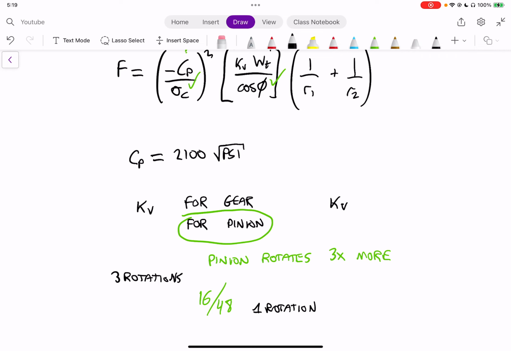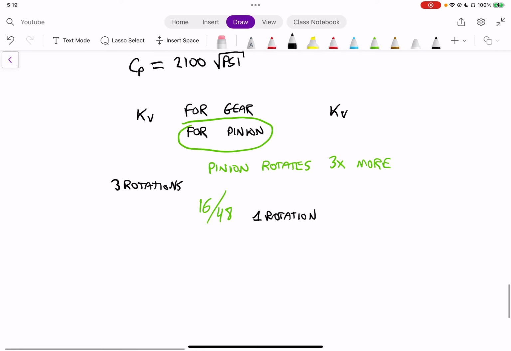That means that the pinion is going to be a lot more in demand than the gear, and the pinion is probably going to be the one that fails first in terms of surface durability. So it has to be made a little bit stronger, maybe, but we're definitely going to use this as our most dangerous item, let's say, or most likely to fail. So we're going to find Kv for our pinion and not for our gear. But again, this is an arbitrary decision. You could use a gear as well. The reason why we're using the pinion is because the pinion is going to contact a lot more over time.